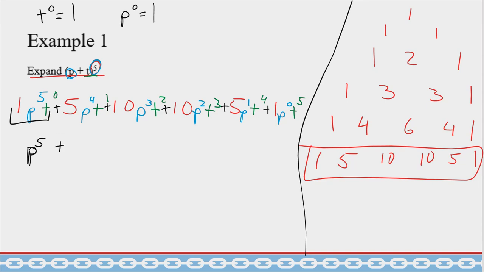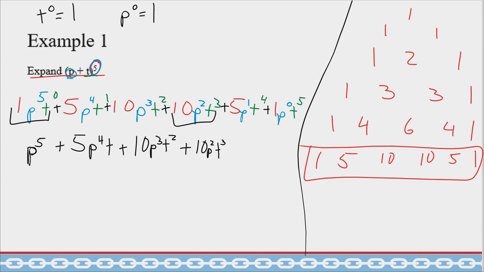And then a lot of our simplifying in the middle is really going to be very simple. 5p to the 4th times t to the 1. Well, I'm just going to write down t instead of t to the 1, plus 10p to the 3rd t squared plus 10p squared t to the 3rd.